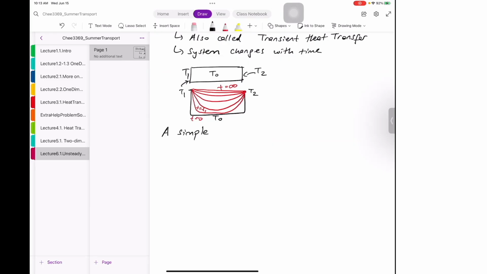A simple problem by which we can learn about unsteady state heat transfer.